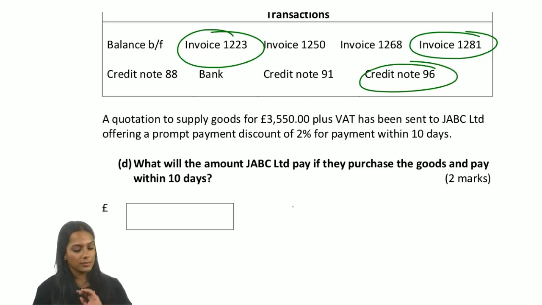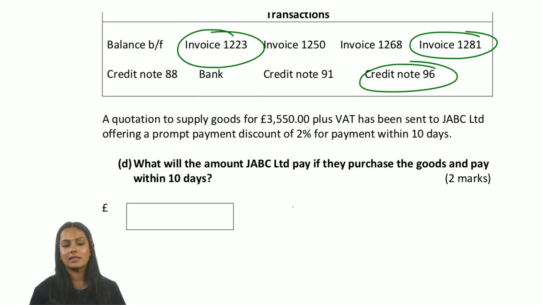Part D, for 2 marks, what will be the amount JABC pay if they purchase the goods and pay within 10 days? Okay. So the examiner here is testing the application of prompt payment discounts.